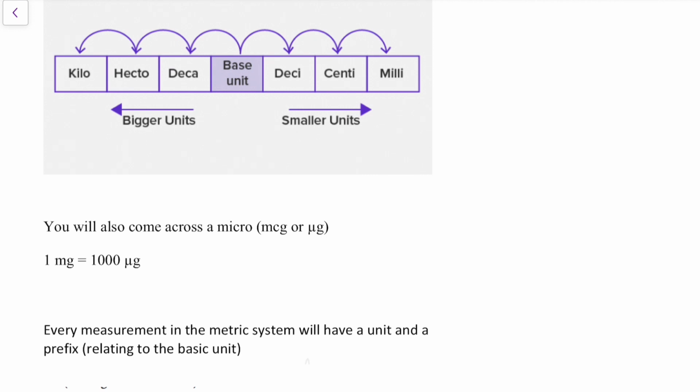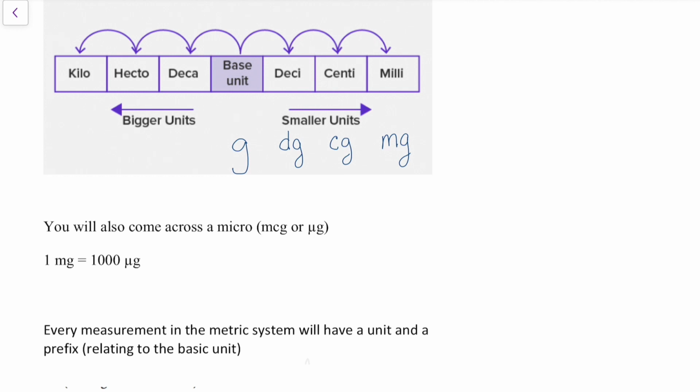So for example, if my base unit is gram, then in the center here I have gram, which we can use G for gram, and then I can go up and down the metric system to get the rest. So if I go down, I get decigram, which is done with the prefix of a lowercase d, and then I have centigram, which uses a C, and milligram, which uses a lowercase m.